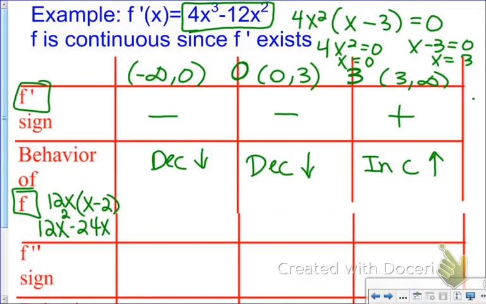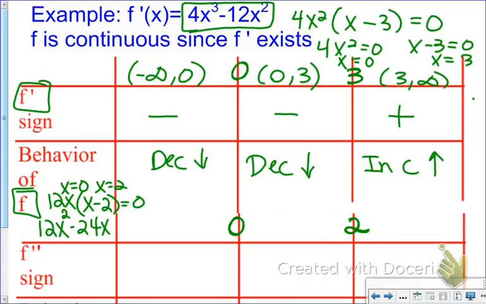What are my values where the second derivative equals 0? 12x equals 0 means x equals 0, and x equals 2. So 0 and 2. Here's the interesting thing. It's okay to have the same values.